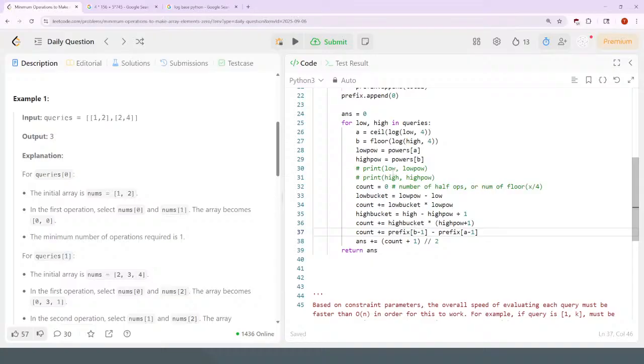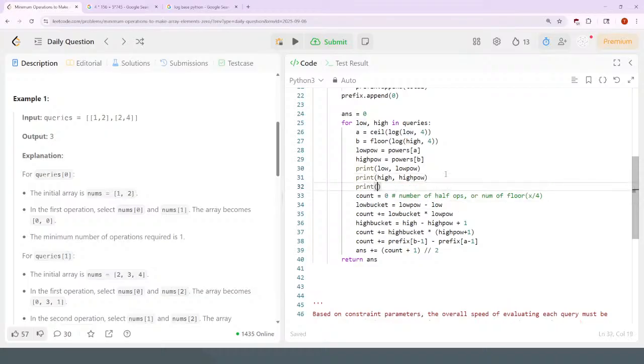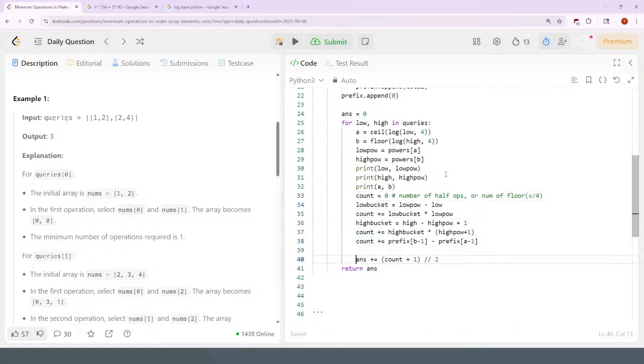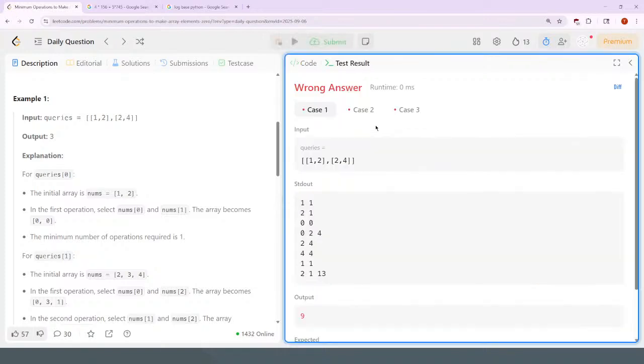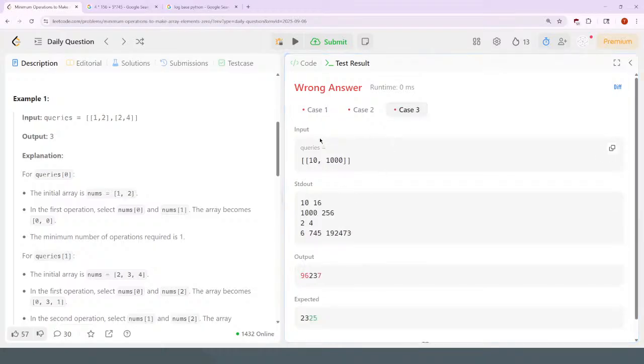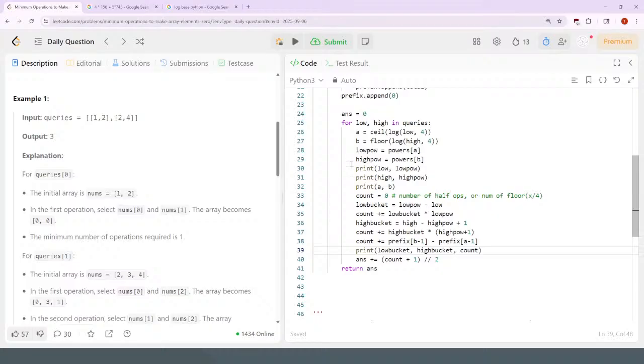Let's go ahead and do some printouts here. Print A and B. Let's print the low bucket, the high bucket, and I guess the count. Okay, so the first was 1016, low and low pow.